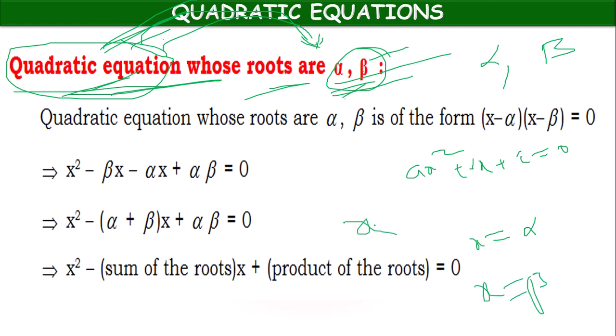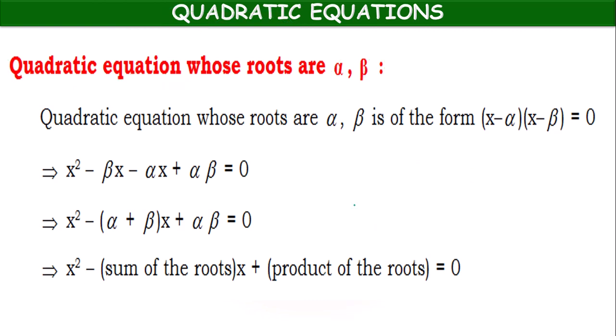Means if alpha comes this side, x minus alpha equals 0. If beta comes this side, x minus beta equals 0. Or this ax square plus bx plus c equals 0 can be written as x minus alpha into x minus beta.